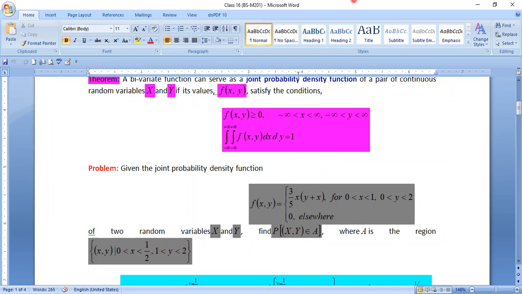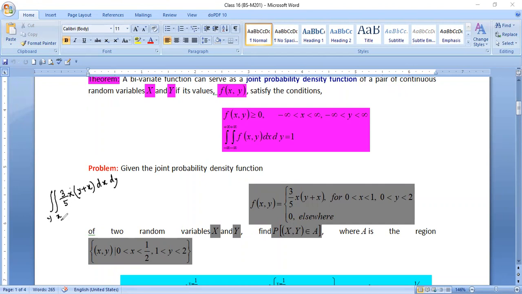Before I show you the result, you must try this problem by yourself. Only thing I can say is that if you are putting the probability in this manner, double integral of 3/5 x (y plus x) dx dy, and you are putting the limits of x and limit of y in this manner.